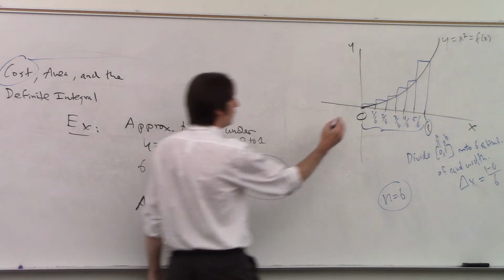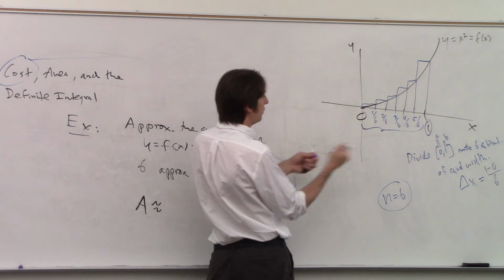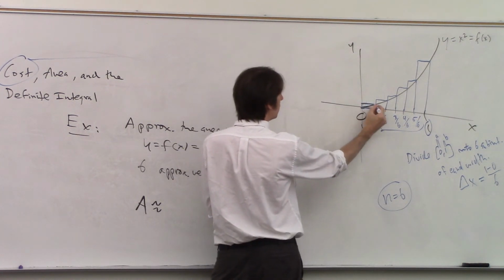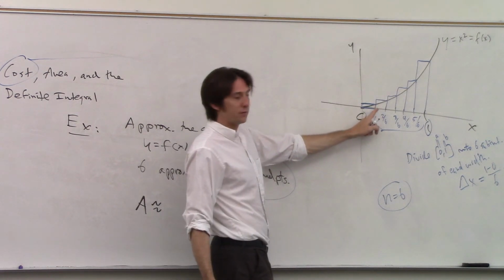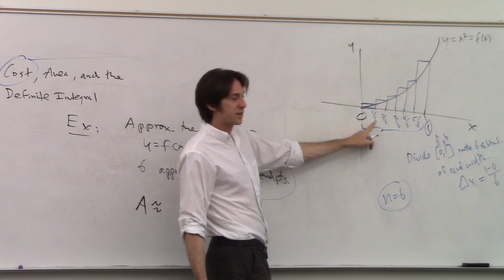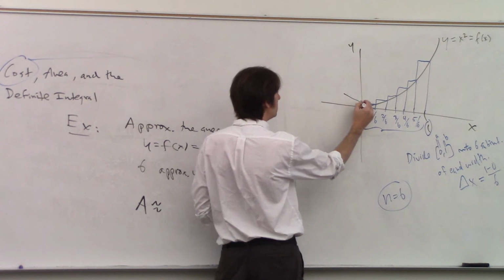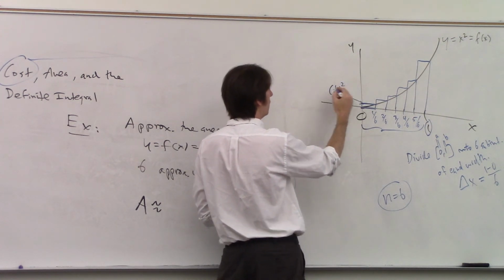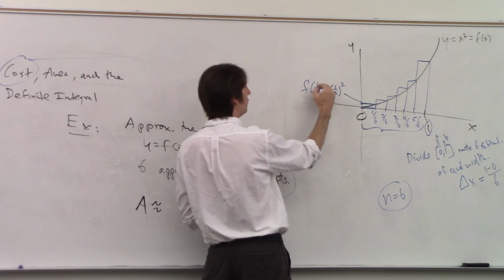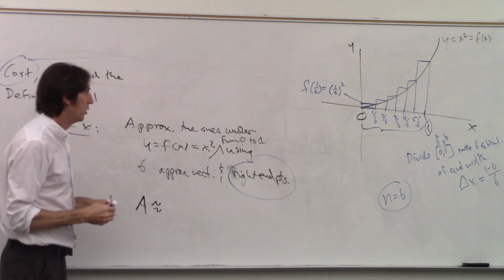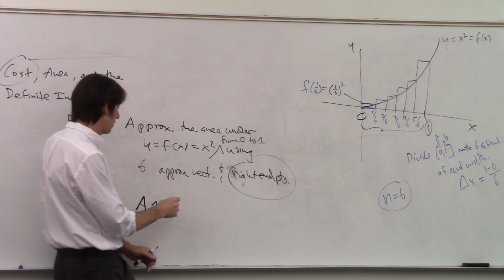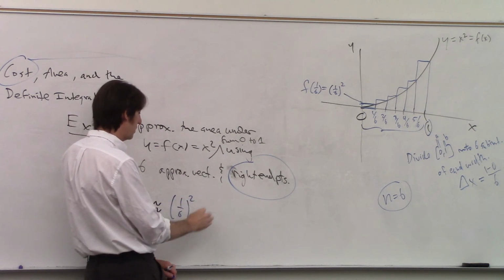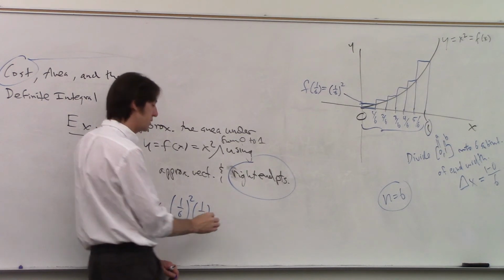For the area of this first rectangle, I know that the width is 1/6, and to get the height, I went up to the curve, so I had to plug 1/6 into the function. That means that this height right there is 1/6 squared, because my function is the squaring function. So the area of that first rectangle is the height, 1/6 squared, times the width, which is 1/6.